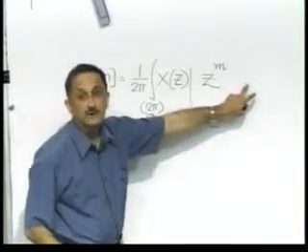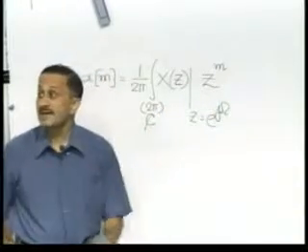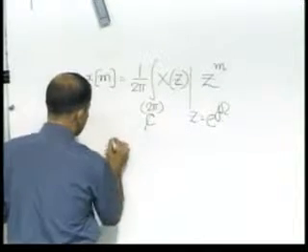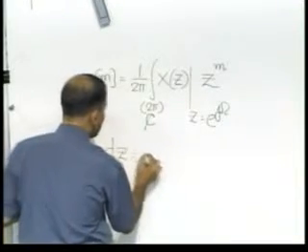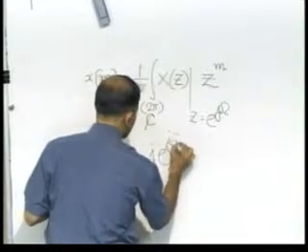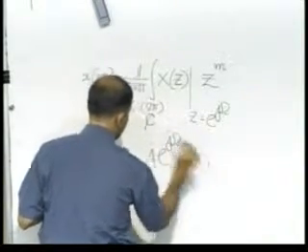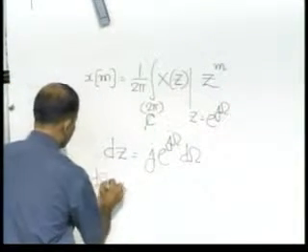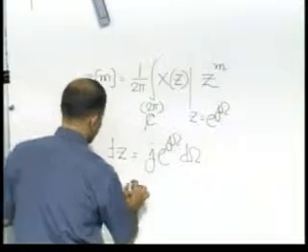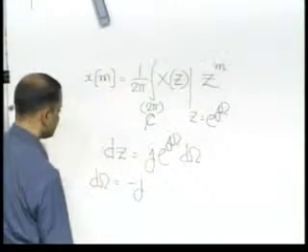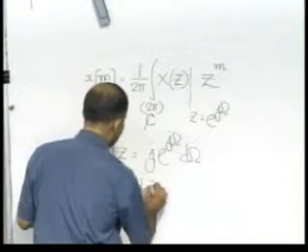And then you have a d omega, but I don't want a d omega, I want a dz. So, how will I get a dz? Let us write dz. dz would be j e raised to the power j omega d omega. So, in other words, d omega would be of the form minus j or 1 by j z inverse dz.